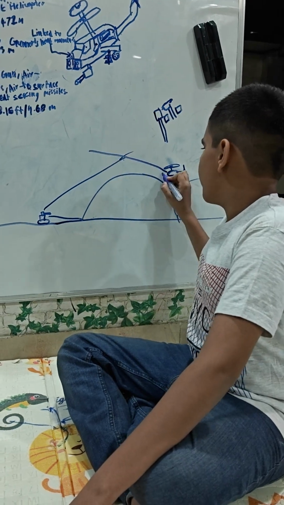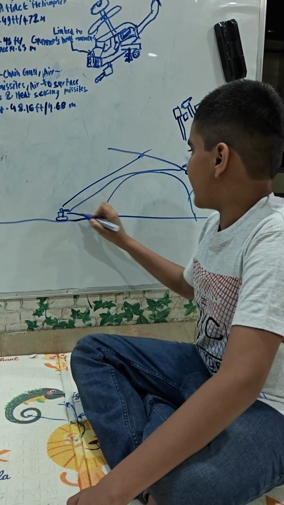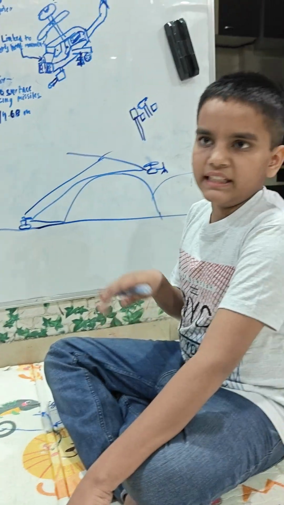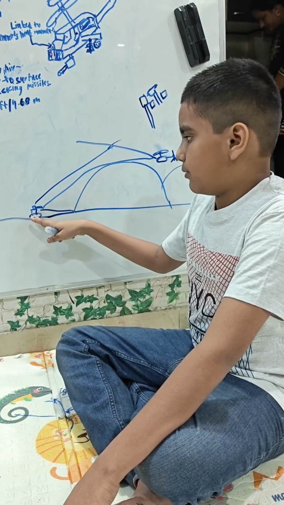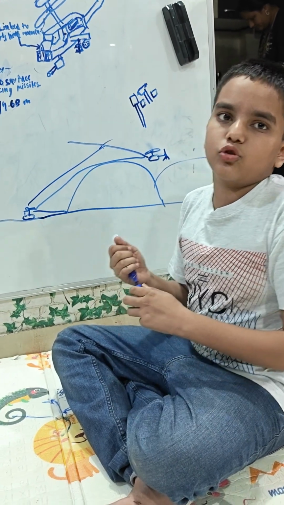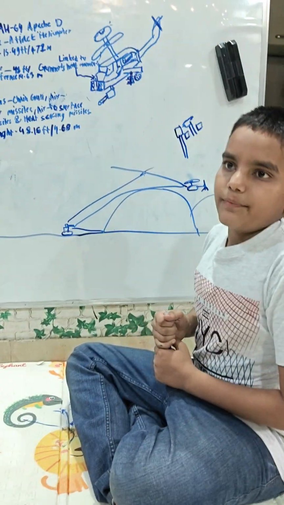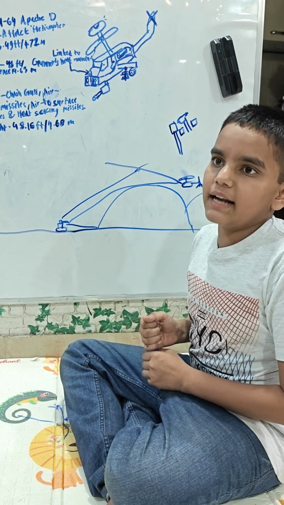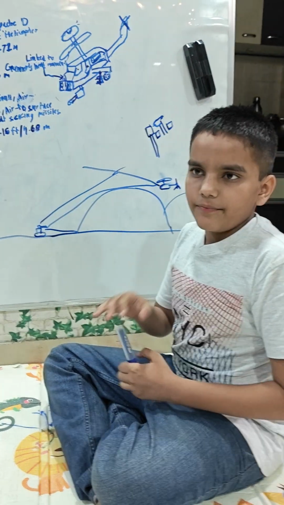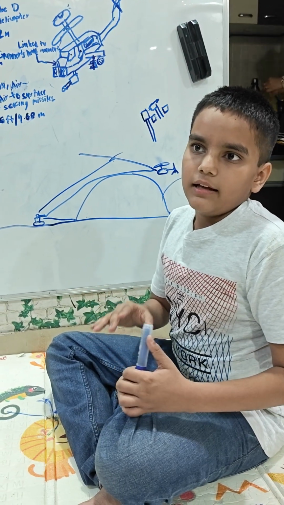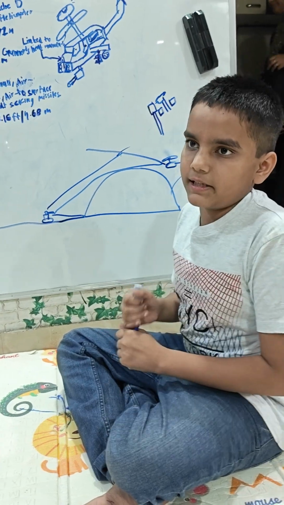So it has a bigger view than the targets, and so it can use Hellfire missiles to attack. And actually these are fire and forget weapons.